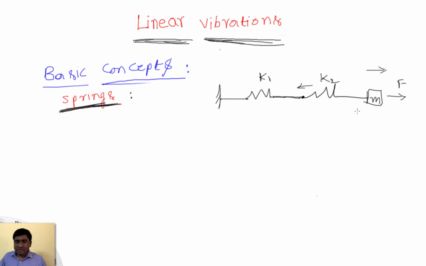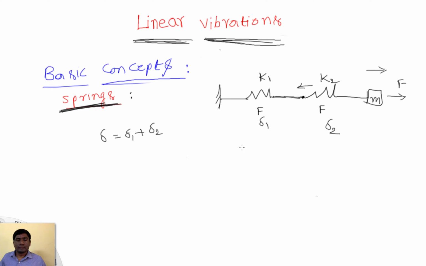Since these springs are connected in series, the same amount of force is transferred to spring k2, and also to spring k1. But the displacement in spring k1 is delta 1, and the displacement in spring k2 is delta 2, and the total displacement equals delta 1 plus delta 2.